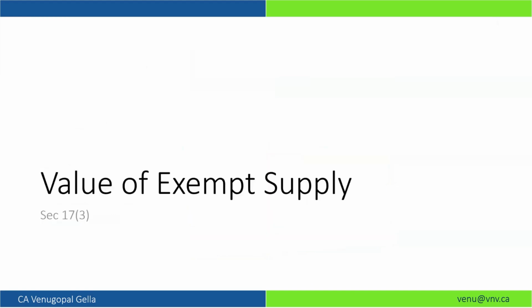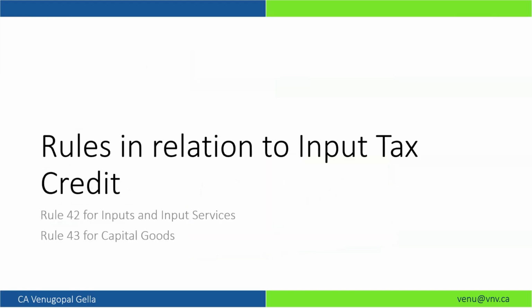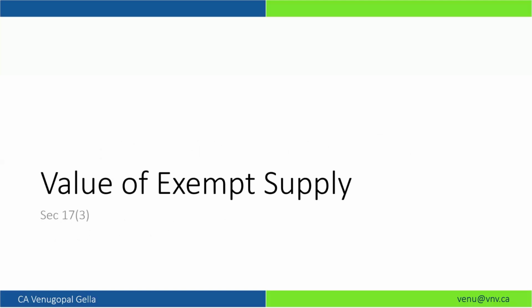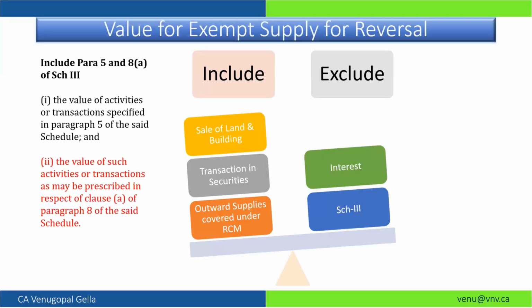Even what will be the value for Rules 42 and 43, they have specifically defined what will be considered as the value of exempt supply. Like we discussed what is exempt supply, Schedule 3, and what is covered under the exemption notification. However, for Rules 42 and 43, that is not the case. They have given how you have to calculate the value of exempt supply for the purpose of calculating ITC reversal.